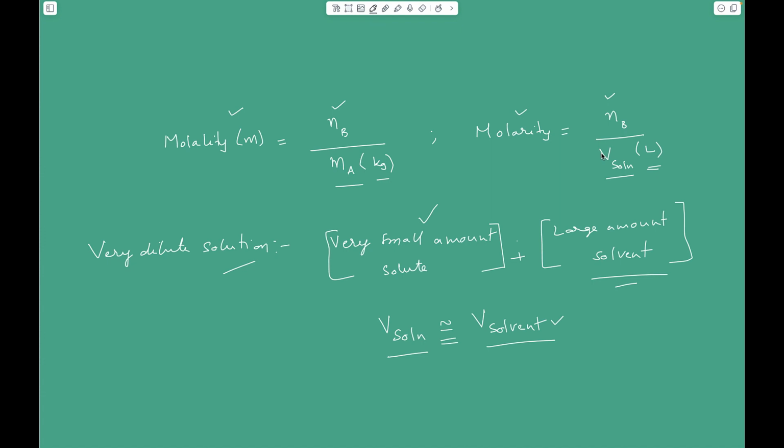Now, in that case, can I replace the volume of solution in this expression with the volume of solvent for a very dilute solution? Yes. So, for a very dilute solution, I can say molarity is equal to the ratio between the amount of substance of solute and the volume of the solvent in liters.